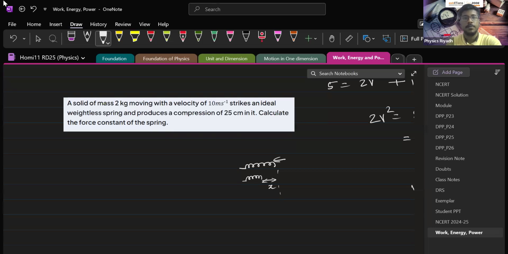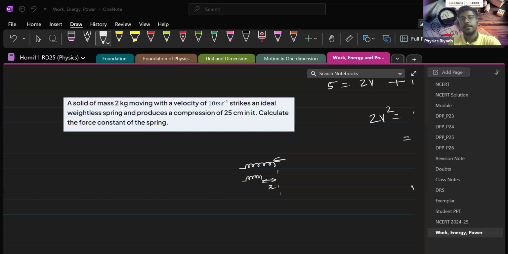Yes, a solid of mass 2 kilogram moving with a velocity of 10 meter per second strikes an ideal weightless spring and produces a compression of 25 centimeter in it. Calculate the force constant of the spring.